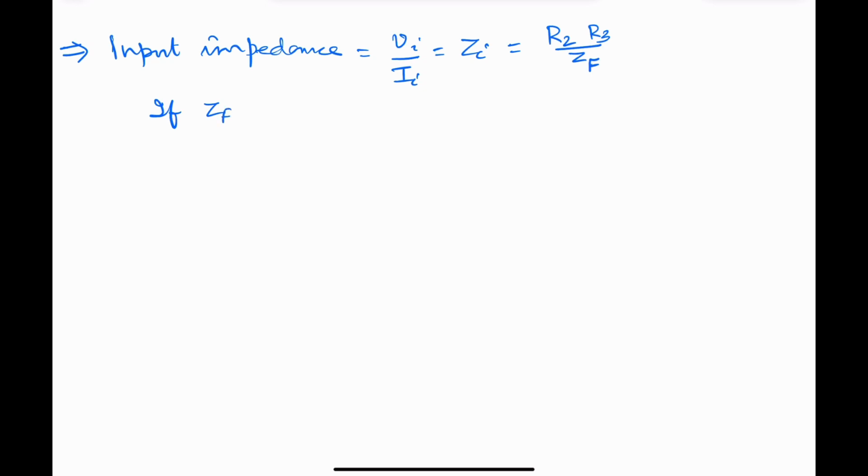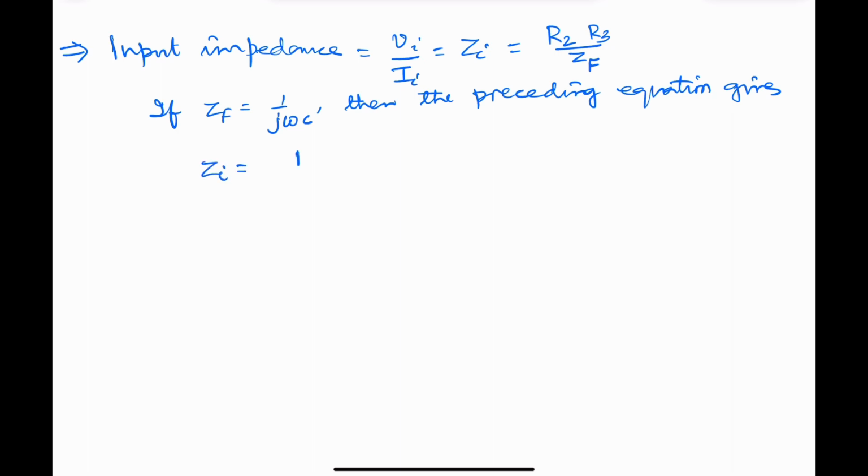If ZF is 1 upon j omega c, then the preceding equation gives, ये क्या दे रहा है? ये दे रहा है ZI is equal to R2 R3 divided by 1 upon j omega c, और the input impedance ZI is equal to j omega c R2 into R3.